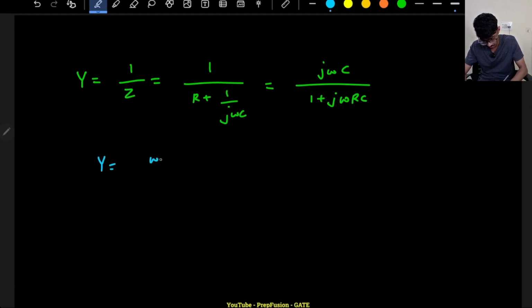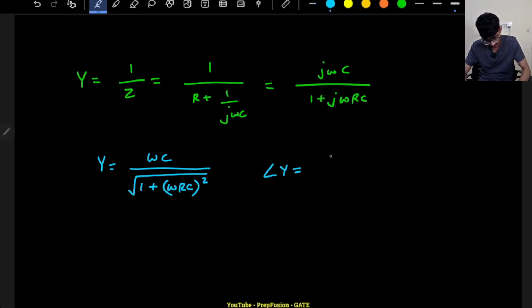The magnitude will be omega C divided by the square root of 1 plus (omega RC) whole squared. Okay, this is my magnitude, and my phase angle is plus 90 from the numerator.